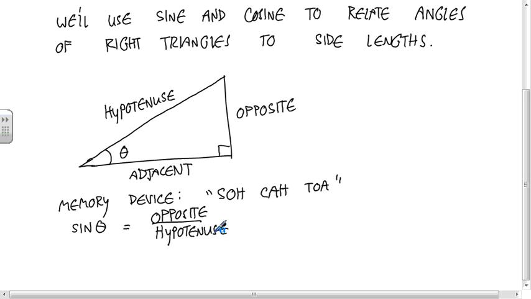The cosine of the angle is equal to the length of the adjacent side over the hypotenuse.